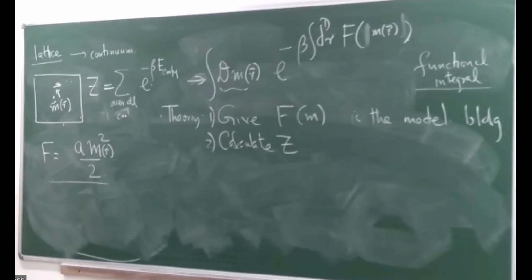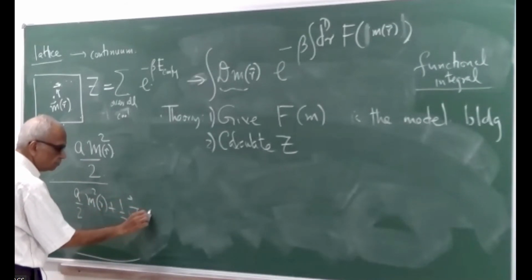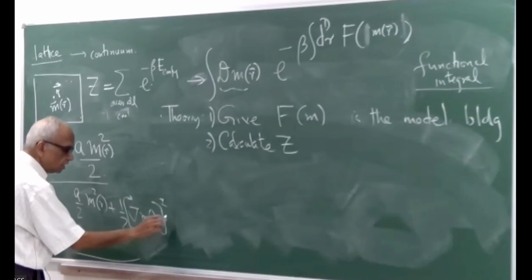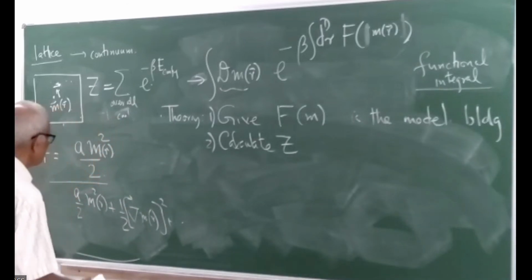Once I do this, that can also get me the answer trivially for m r squared plus half grad of m r squared. So I can have a grad m r squared, and for a reason which will become very clear, if I can do this, I can also trivially do this. The reason will become clear the moment I start working out this.